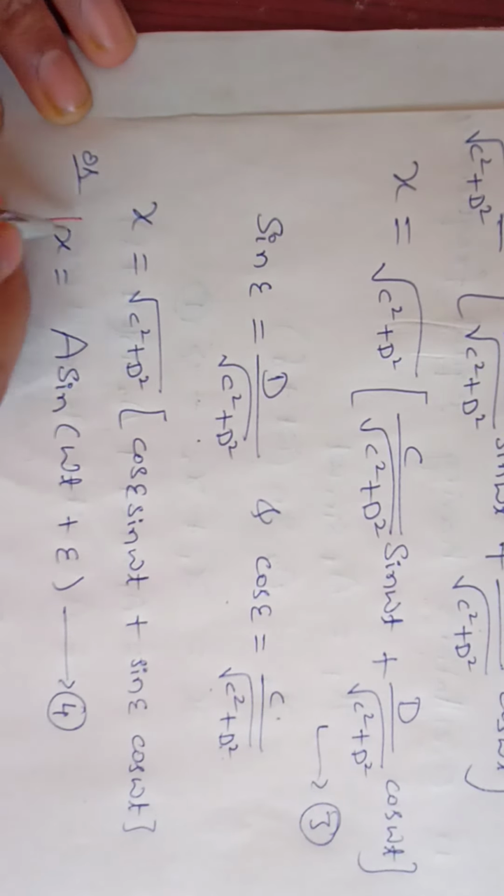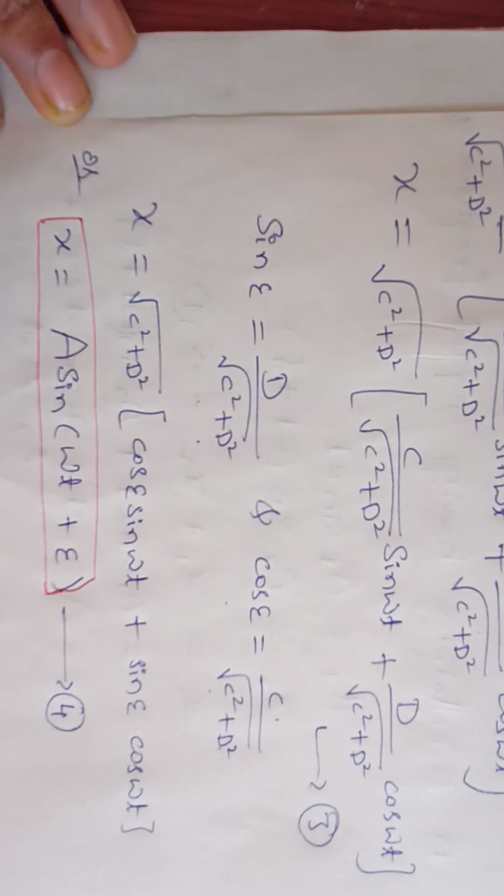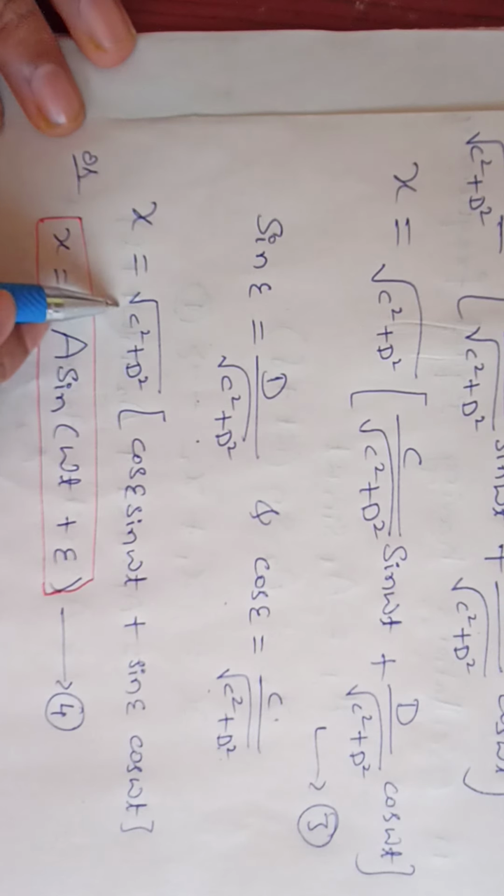So this equation, the resultant of two collinear simple harmonic motions having the same frequency, is itself a simple harmonic motion.